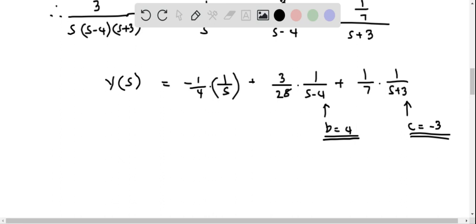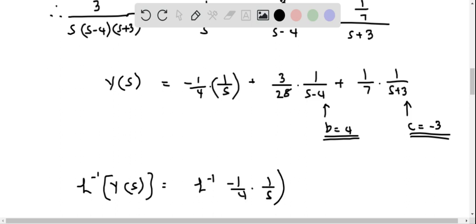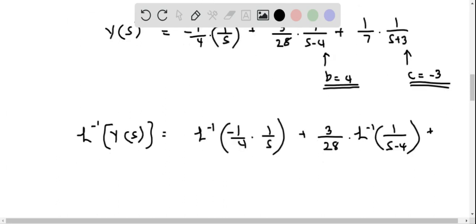This completes part b. Now we can solve this equation by applying the inverse Laplace transform. So we write Laplace inverse of Y of s, and this equals Laplace inverse of negative 1/4 times 1 by s. We apply the Laplace inverse to all the terms on the right side, and this equals, I can factor out the constant 3 by 28, and then write Laplace inverse of 1 over s minus 4, plus factor the 1 by 7 times Laplace inverse of 1 over s plus 3.